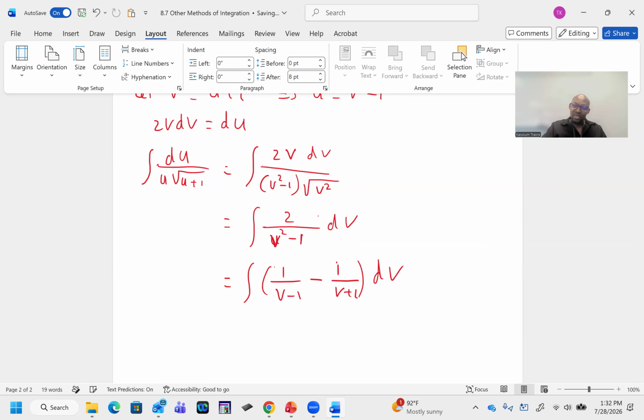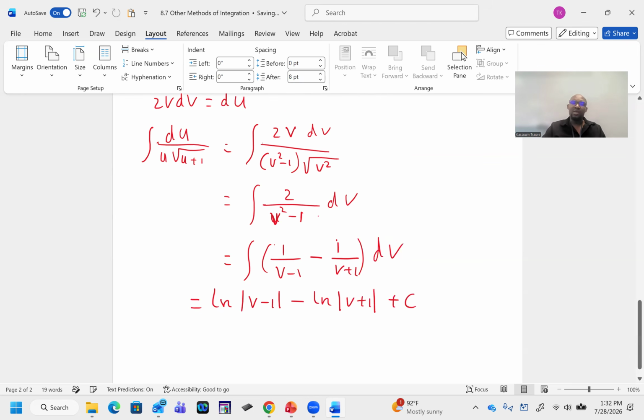You can check: if you make this one term, v minus 1 times v plus 1 gives v squared minus 1, and you will have v plus 1 minus v minus 1, which gives these two. Now we can integrate. The result is ln absolute value of v minus 1 minus ln absolute value of v plus 1 plus c.